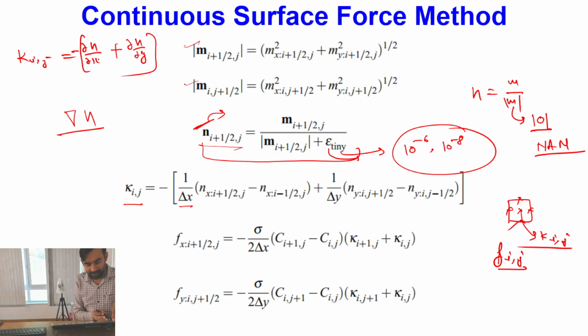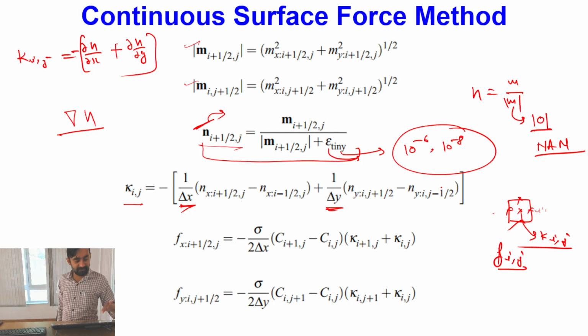So when you calculate del n by del x at point ij, it will be the rightward face minus the leftward face, that is nx at i plus 1 comma j minus nx at i minus 1 comma j, and the distance between these 2 points is delta x. Likewise, I will do it for delta y.